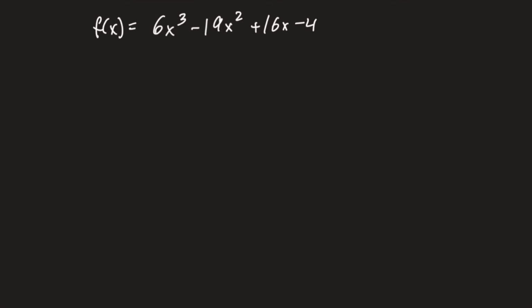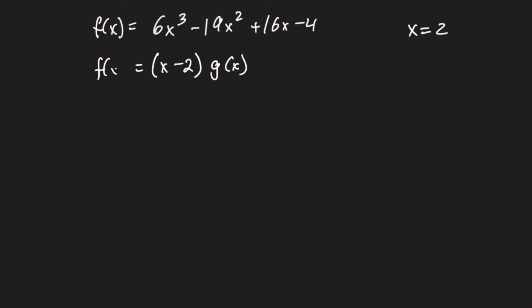So very often you'll be given that this polynomial is divisible by a number. So in our case, we're going to say that x equals 2 is one of the roots of this polynomial. What this means is that this polynomial is factored into x minus 2 times some other function we're going to call a g of x.